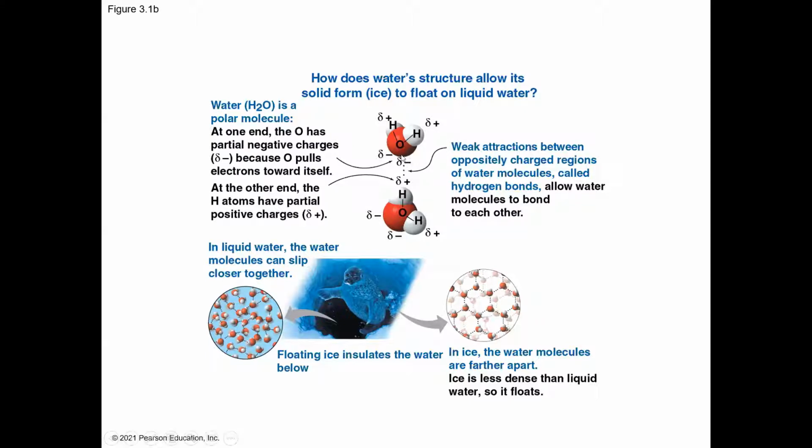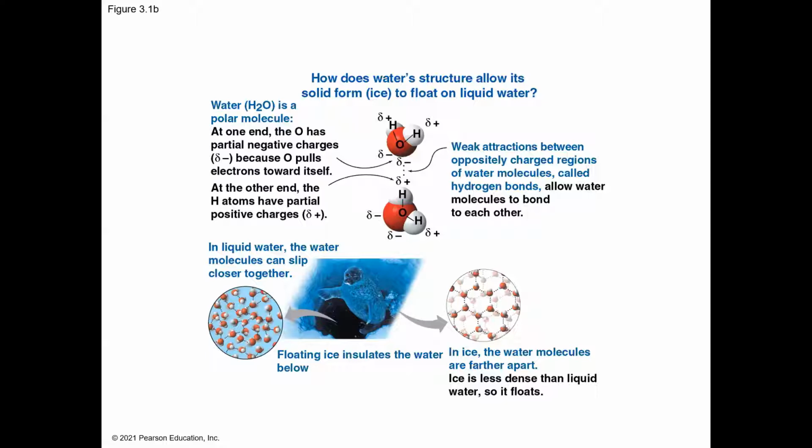But it's pretty much due to the fact that I explained to you that water is a polar molecule. Being a polar molecule, having uneven distribution of charges, is what contributes to the unique properties of water. That's probably a reason why life is impossible without water.